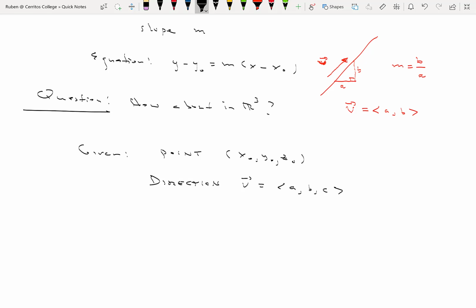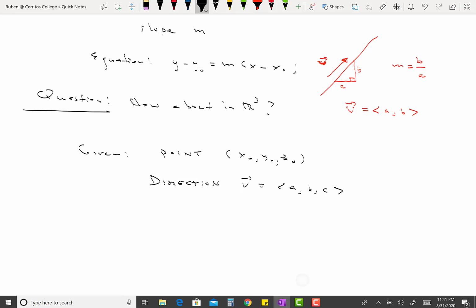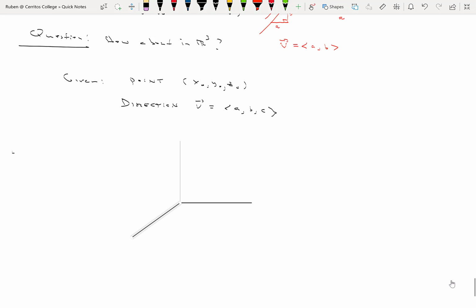Okay, so let's take a look at what this looks like geometrically. We can start out by letting r naught, or r sub 0, be the position vector to our point x naught, y naught, z naught. Let me actually draw that in here.